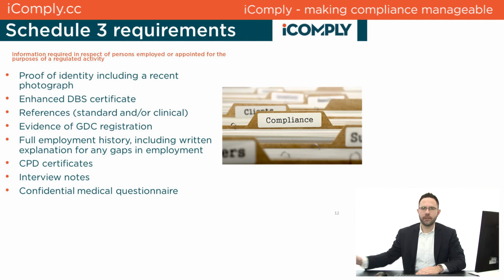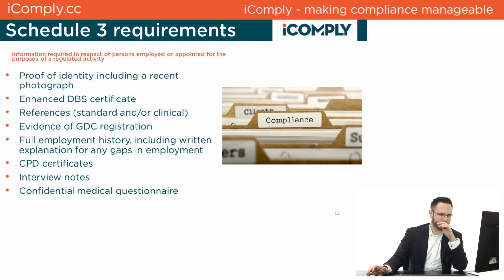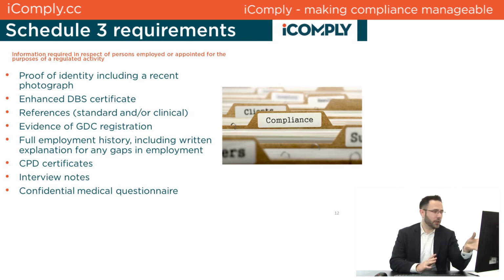So, Schedule 3 of the Health and Social Care Act, there's other stuff that you need to have in here. I haven't put, say, immunisations on this list, but there are things that you've got to have in your file, and this is really key. Proof of identity, including a recent photograph, enhanced DBS certificates. I don't want to get into the debate over admin staff or non-admin staff right now.